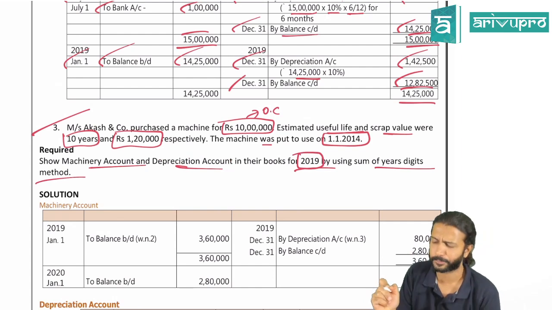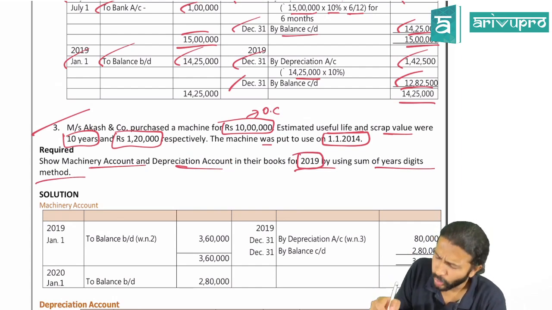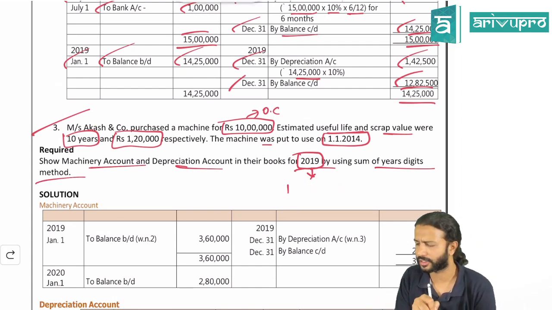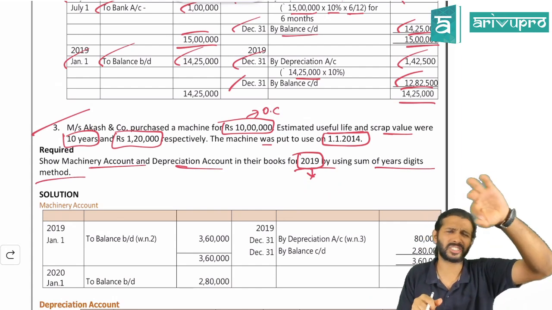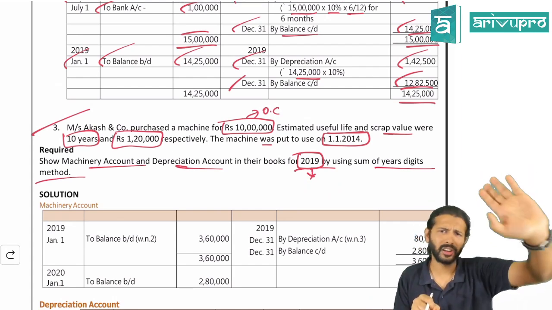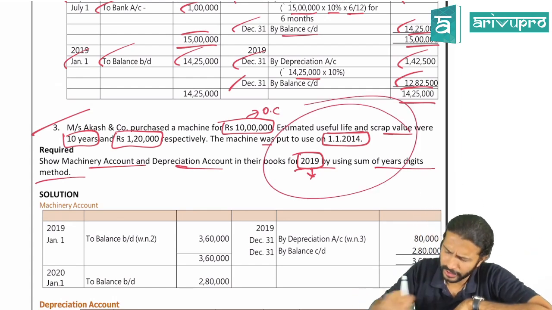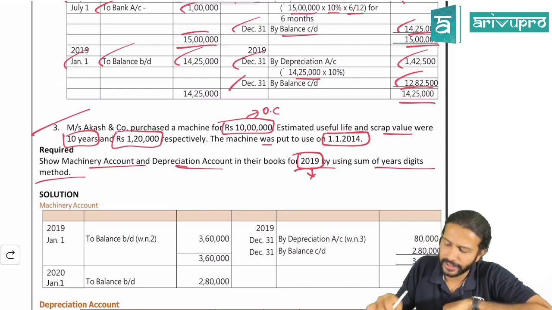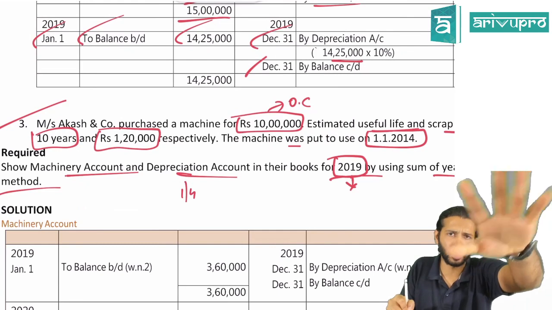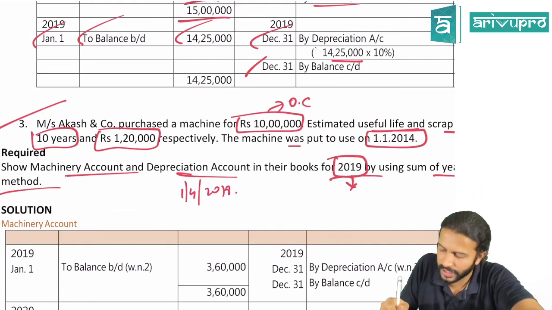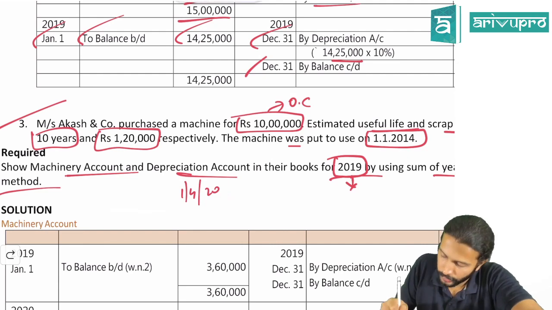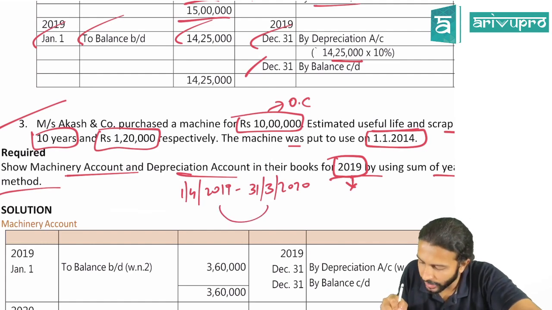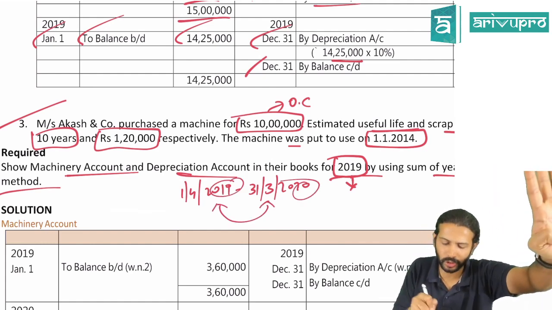Can you tell me, are they following the April to March year or the January to December year? Accounting year generally is 1st April to 31st March of the next year, or 1st January to 31st December. If the year begins on 1st April 2019, it will end on 31st March 2020, so two years will be covered, 2019 to 2020.